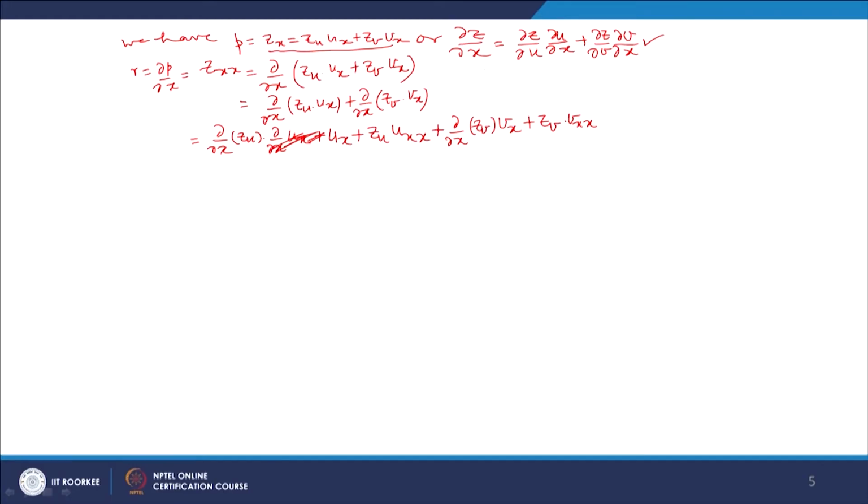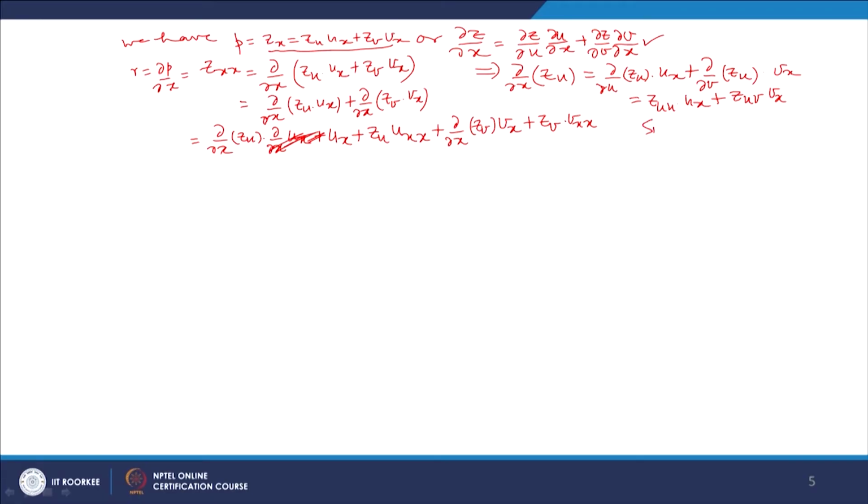So, I can write from this equation, replacing z by z_u, and what I get is z_uu into u_x plus z_uv into v_x. Similarly, we can find the partial derivative of z_v with respect to x.